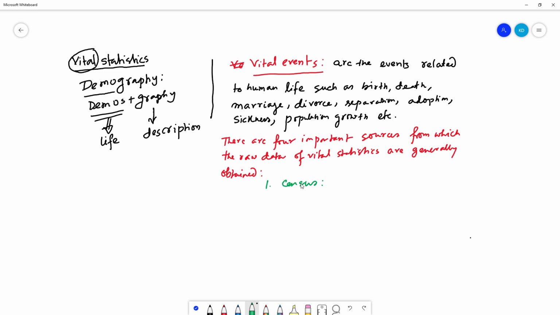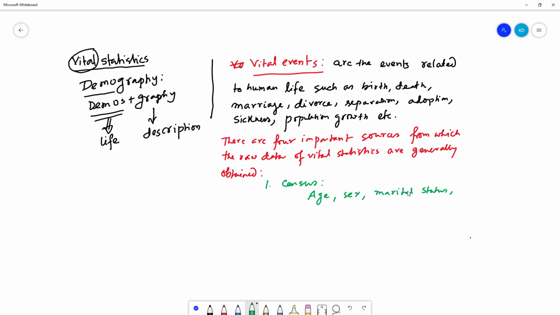In a census, besides counting the number of persons living in a specific region, information regarding their age, sex, marital status, education level, occupations, religion, familial characteristics of individuals, etc. are also compiled.